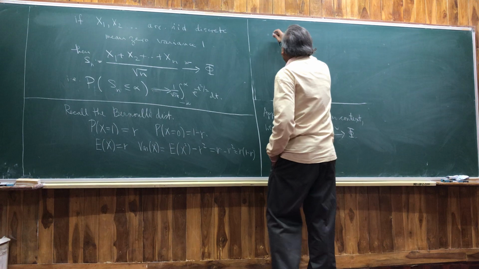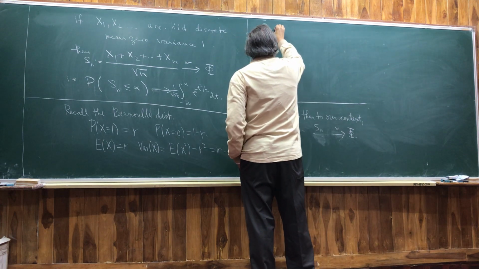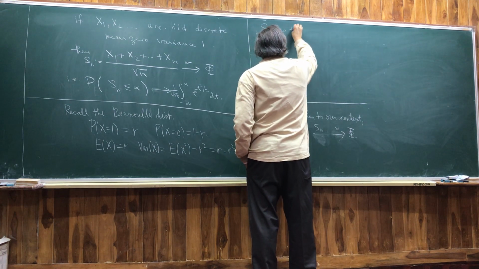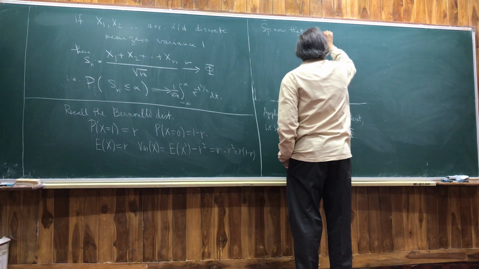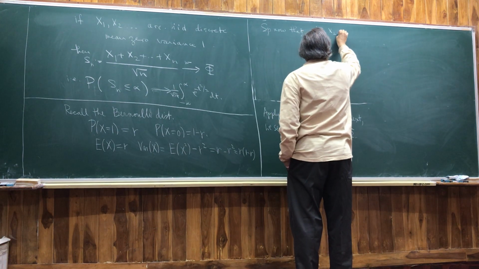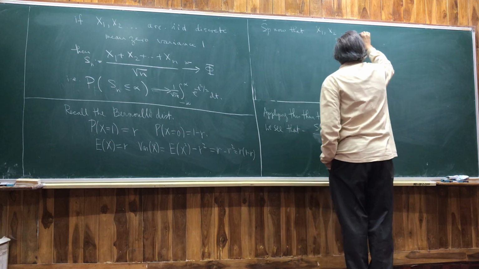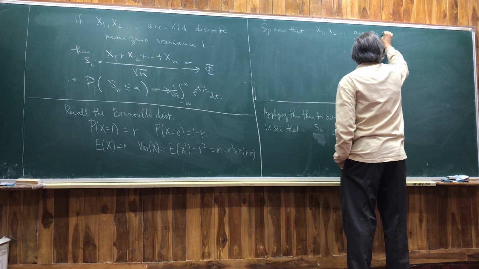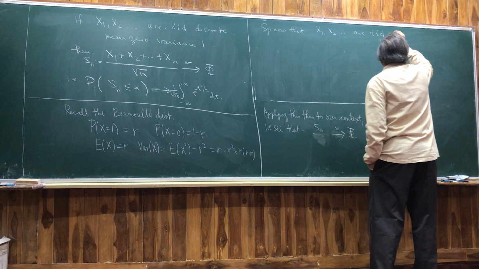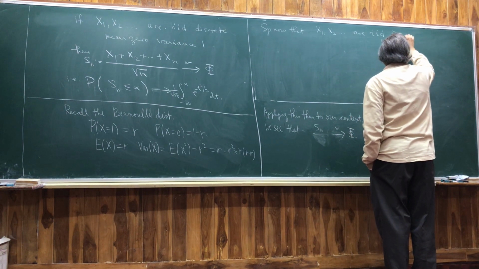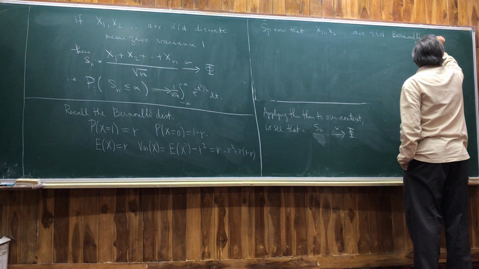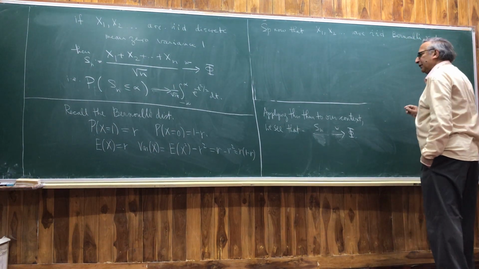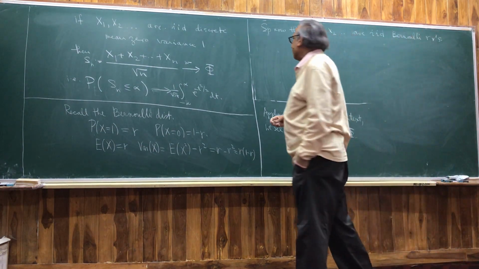So suppose now that X1, X2, ..., Xn are independent and identically distributed Bernoulli trials, or Bernoulli random variables.